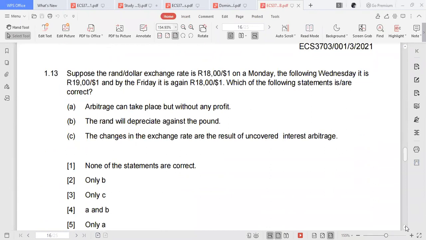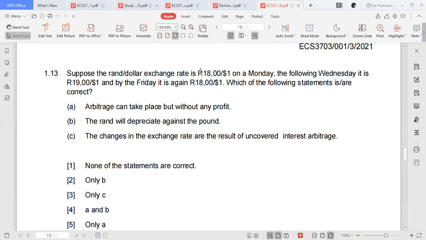Okay, 1.13. Suppose the rand per dollar exchange rate is 18 rand per dollar. This one is an exchange rate. You are using 18 rand to purchase 1 USD on Monday. You are also using 1 USD to purchase 18 rand.